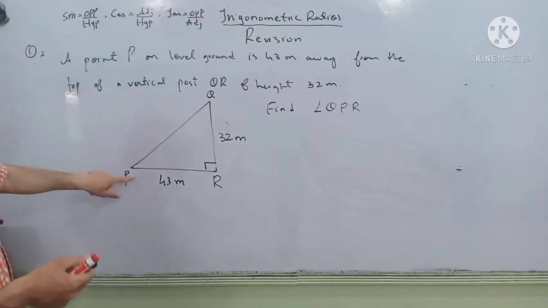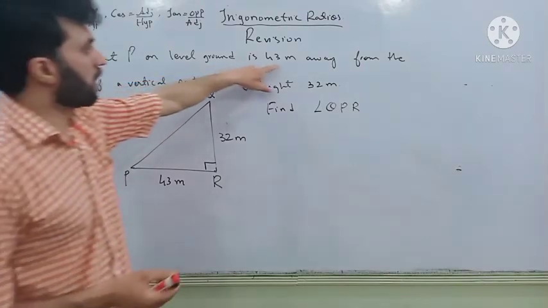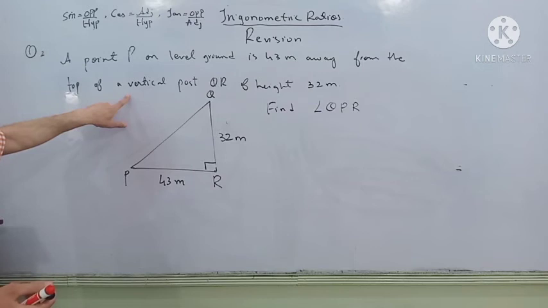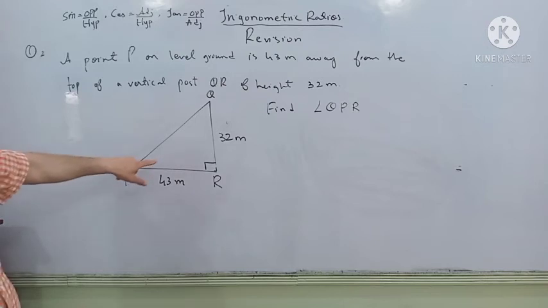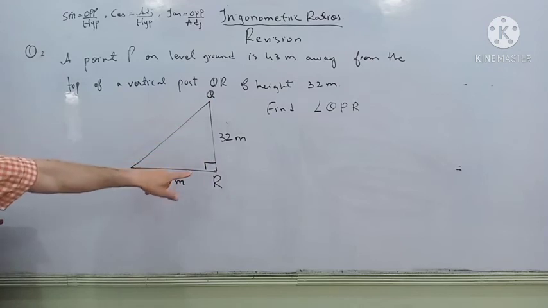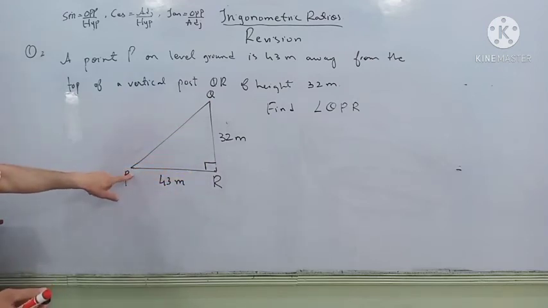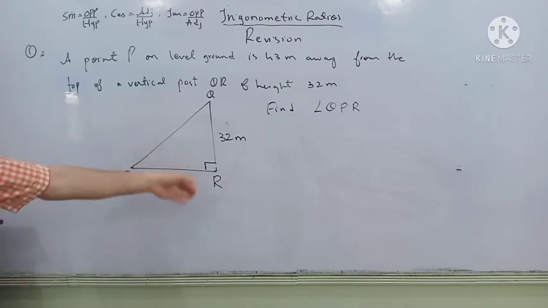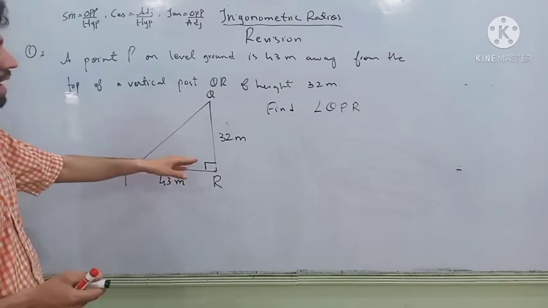A point P on level ground is 43 meter away from the top of vertical post QR of height 32 meters. So the height of the post is 32 meters, and this point on level ground is 43 meter away from the post, right? So we have to find out the angle QPR.